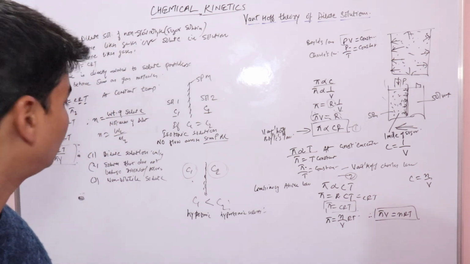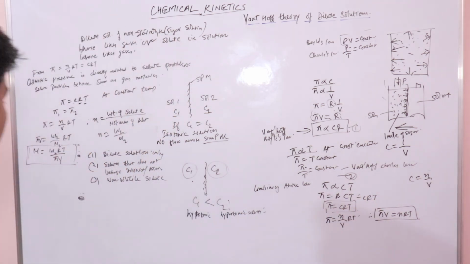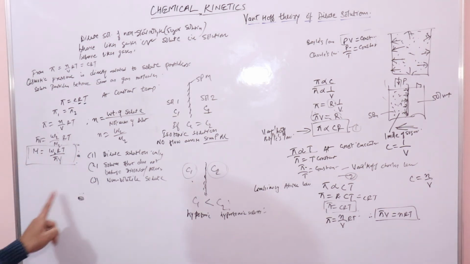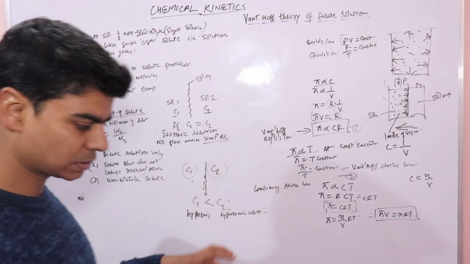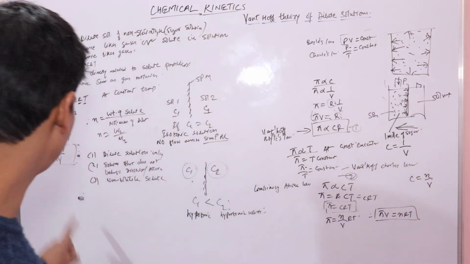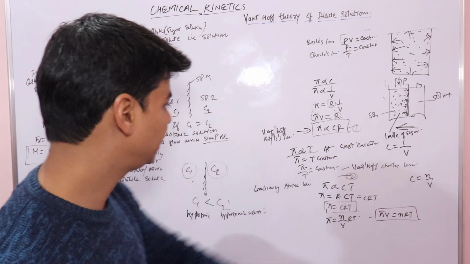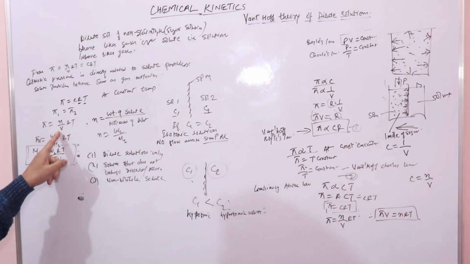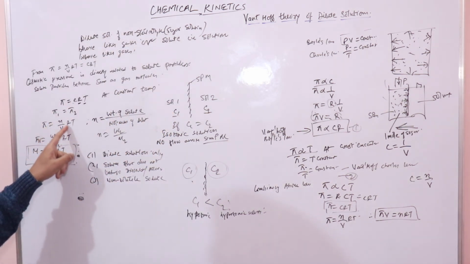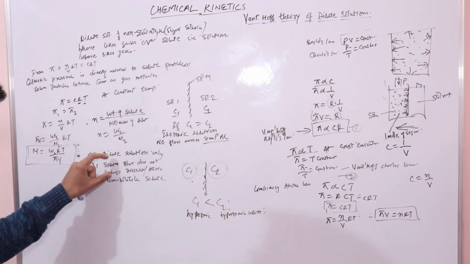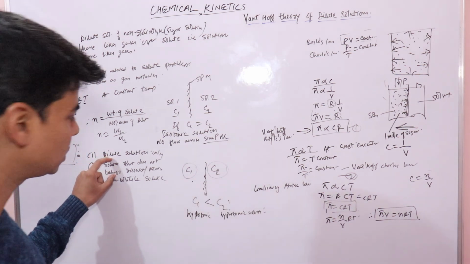So we proved that it's a colligative property, and we deduced the relation to find the molecular mass of solute in the solution. In this relation, n is replaced by n upon V, which is the number of moles in a given volume of solution. From here we calculated M2.